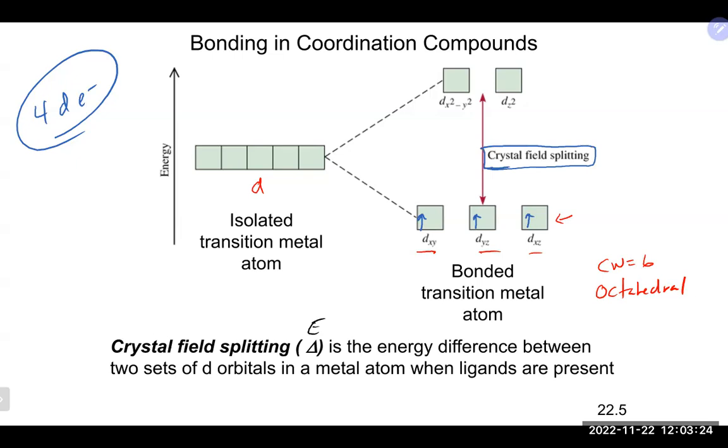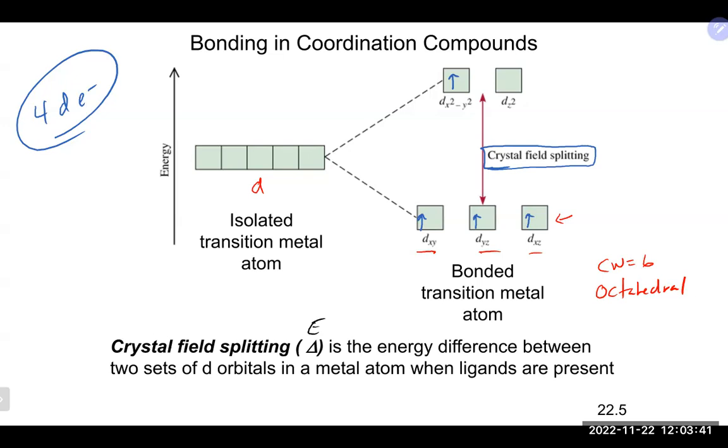If the difference in energy between the lower d orbitals and the higher d orbitals is not all that much, we would expect the electrons to populate like normal, and the next electron would go to the higher energy level.